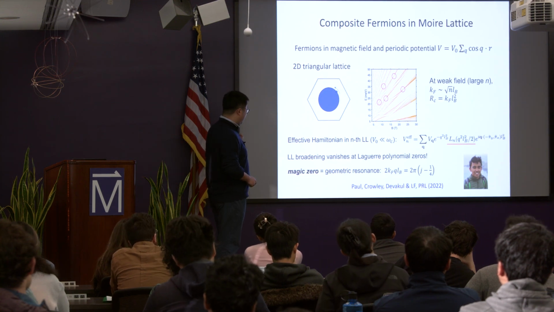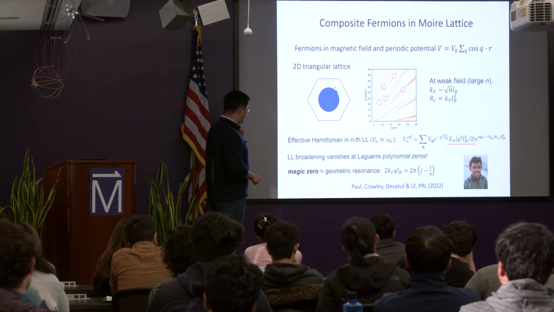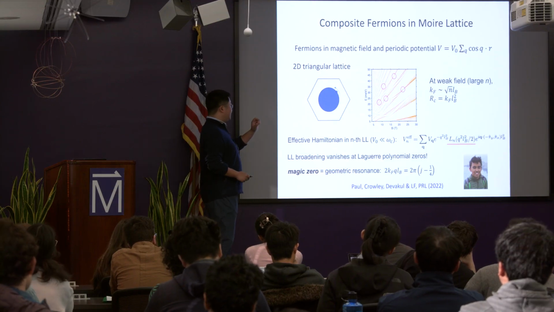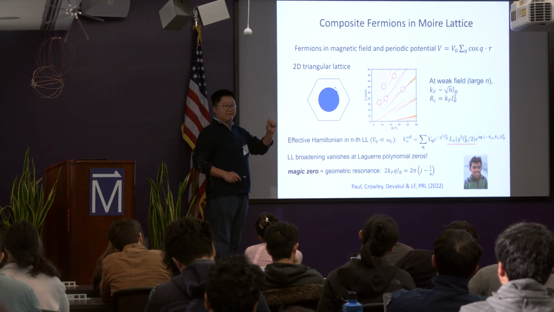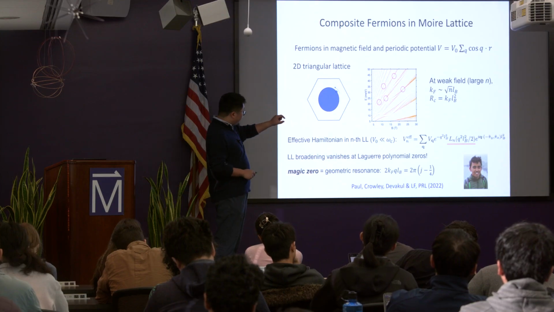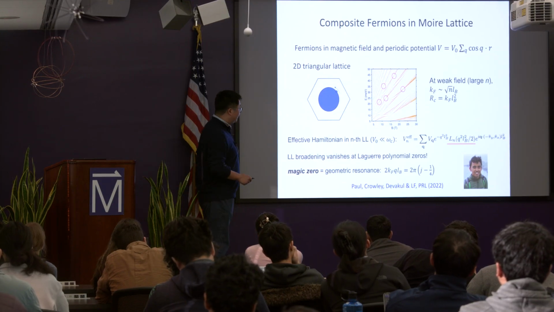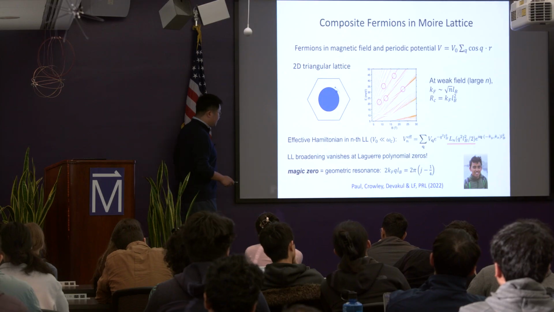We call these magic zeros. And this is exactly what gives rise to a geometric resonance. In other words, at a certain magnetic field, the Landau level broadening vanishes, so one expects correspondingly an oscillation in resistance.